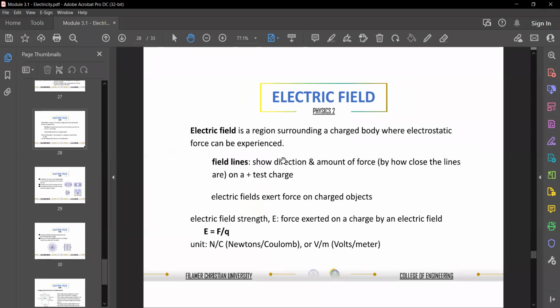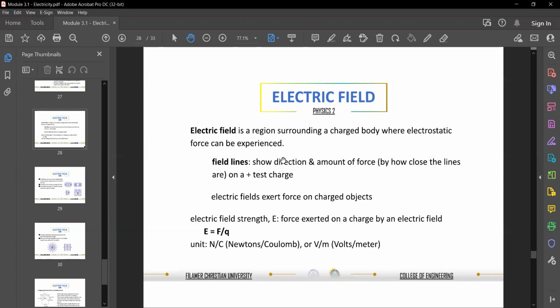Next, we have electric field. So what is electric field? We have two fields, right? Electric field and magnetic field. Electric field is a region surrounding a charged body where electrostatic force can be experienced. We have field lines that show direction and amount of force by how close the lines are, in a positive test charge. Electric fields exert force on objects.